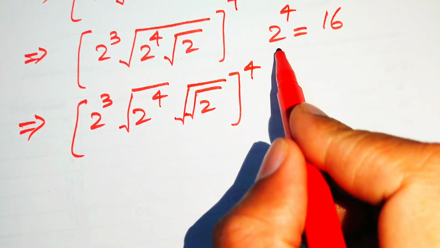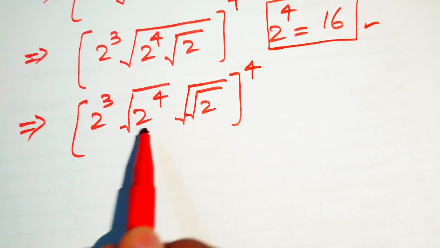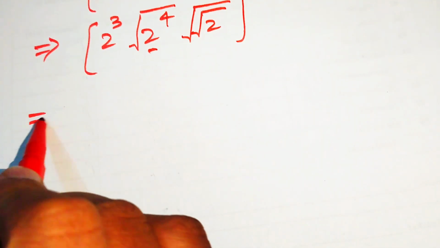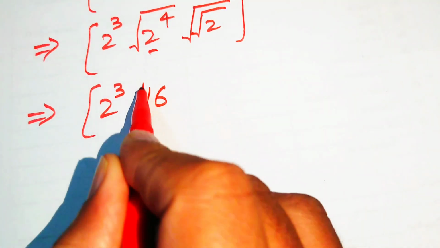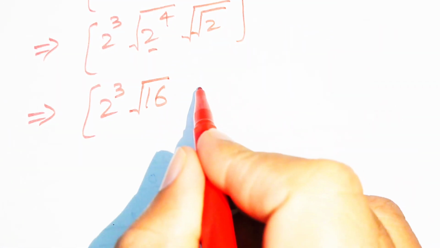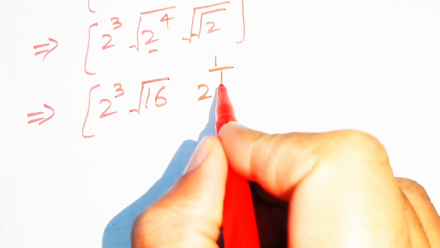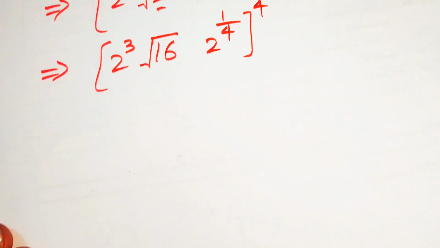We know that 2 to the power of 4 equals 16. We substitute this value here, and it will be written as 2 cubed into the square root of 16, and here you have 2 times this square root. It will be written as 2 to the power of 1 over 4, and its exponent is 4.